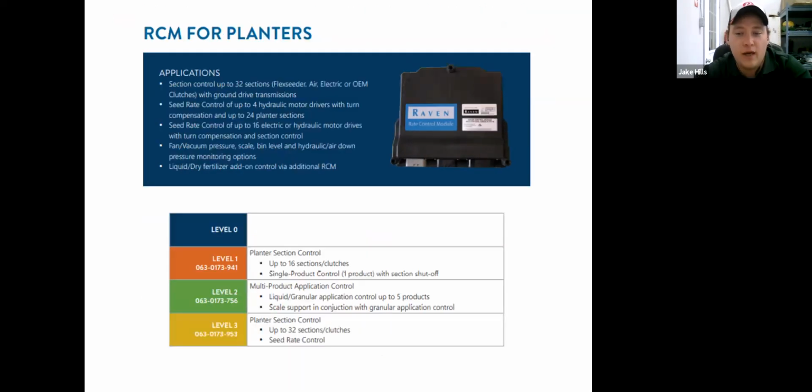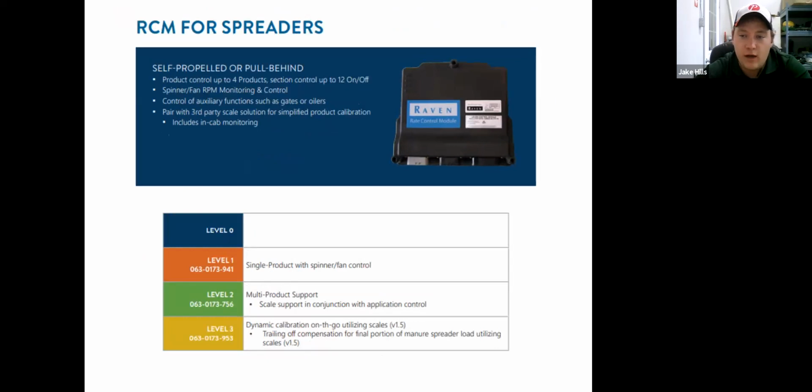When you're running it like a planter, it'll do pretty well all your planter controls, including scale support. So if you're running it with bins, and then with the spreader, again, you have all the options for unlocks depending on what you want to do, as well as that ability to have those integrated scales in your system.